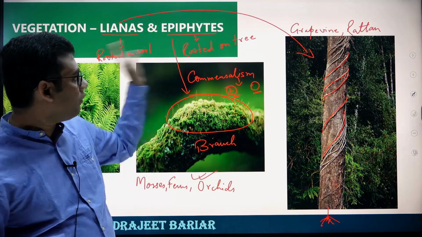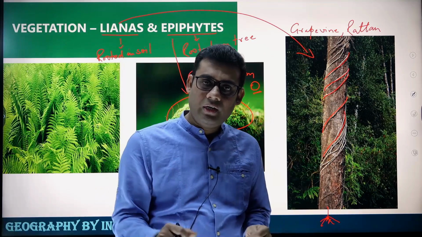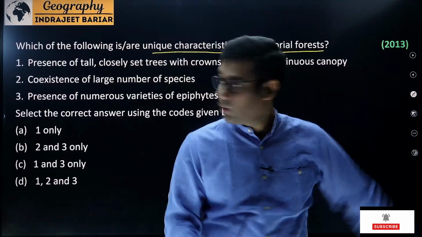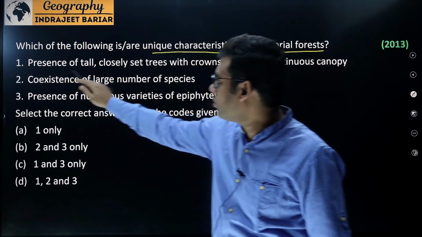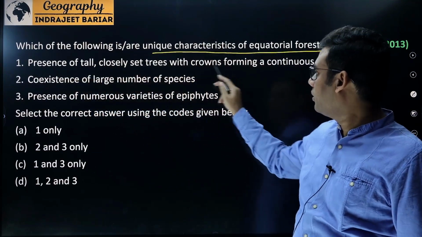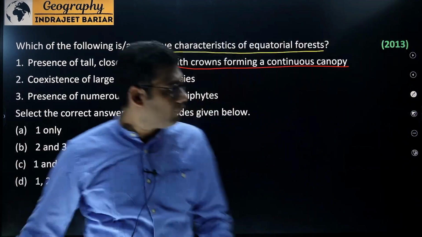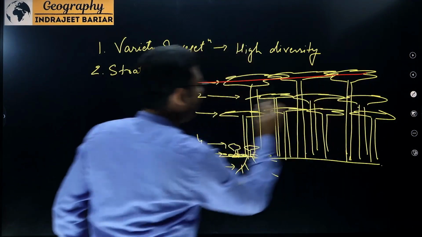So this is the idea of lianas and epiphytes. Now with all of these ideas, if we go back to the question that was asked, what does the question read? Unique characteristics of equatorial forest. First, presence of tall, closely set trees with crowns forming a continuous canopy. This we have already seen, how the continuous canopy covers are formed over here.